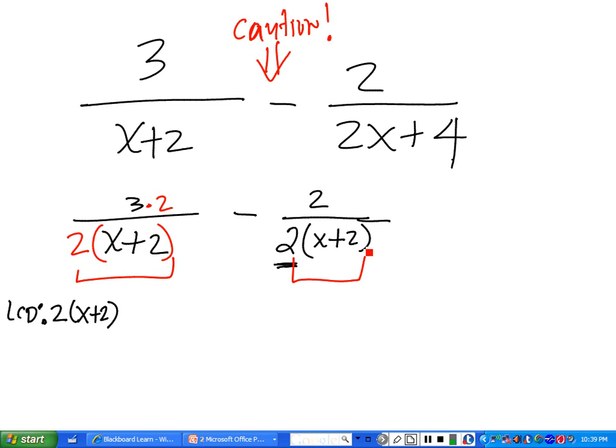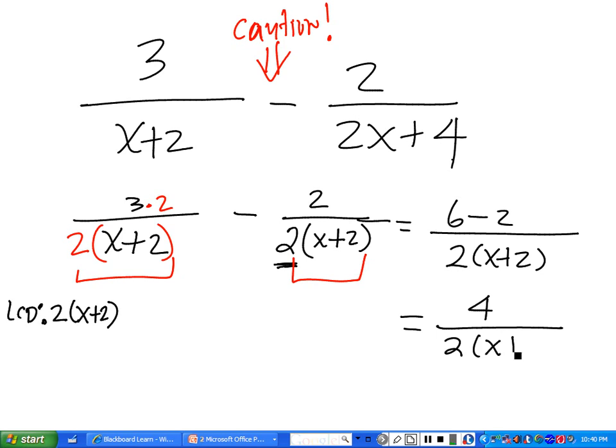Yes. So we can proceed by combining and simplifying the numerator. I'm going to write 2 times x plus 2 in the denominator. And in the numerator, we have 3 times 2, which is 6, minus 2. 6 minus 2 is 4 over 2 times x plus 2.